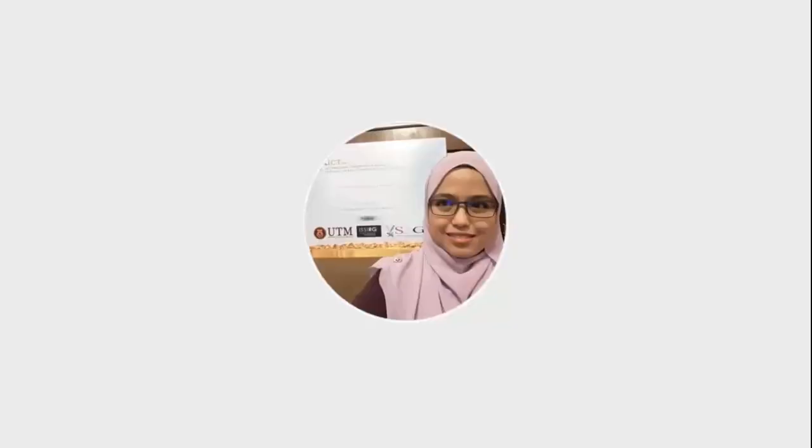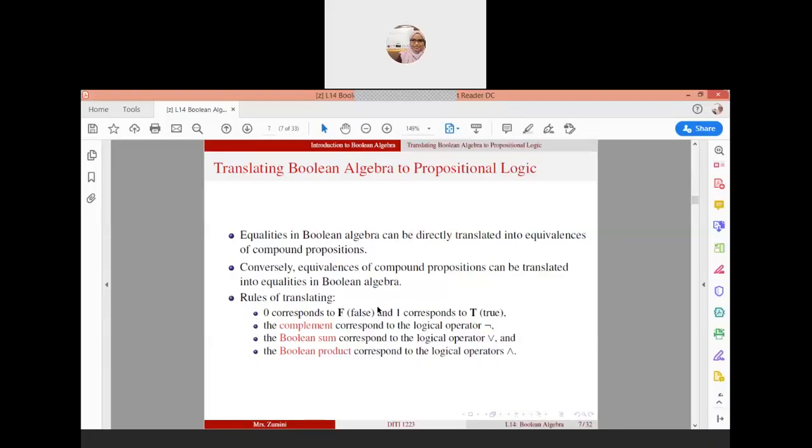A Boolean function can be represented using an expression made up of variables and Boolean operations. In other words, each Boolean expression represents a Boolean function. It is denoted by B, and the values of this function are obtained by substituting 0 and 1 for the variables in the expression.